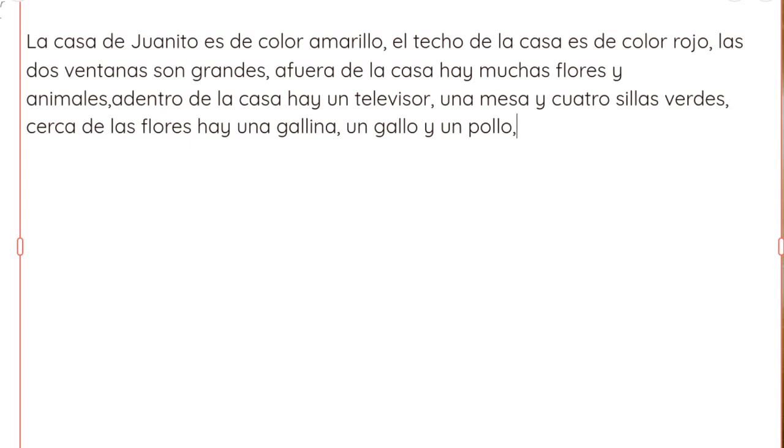Más allá hay un perro y un gato. Más allá hay un perro y un gato. Punto.